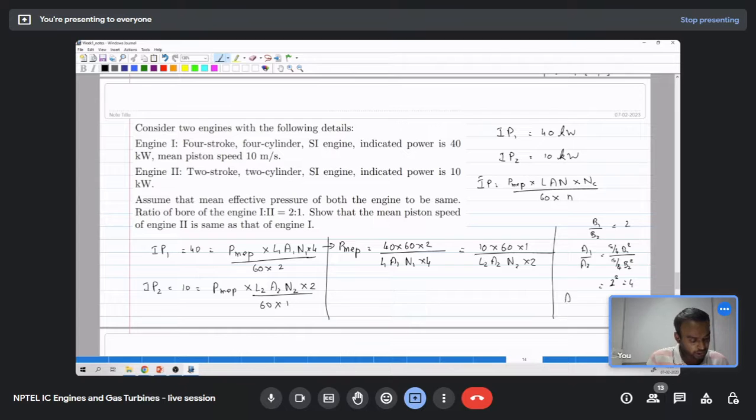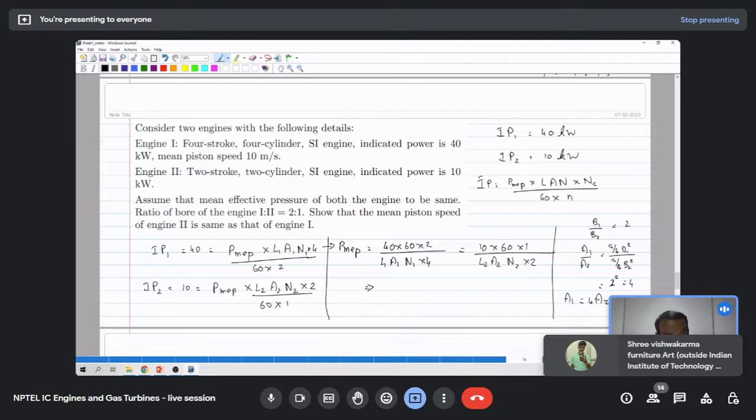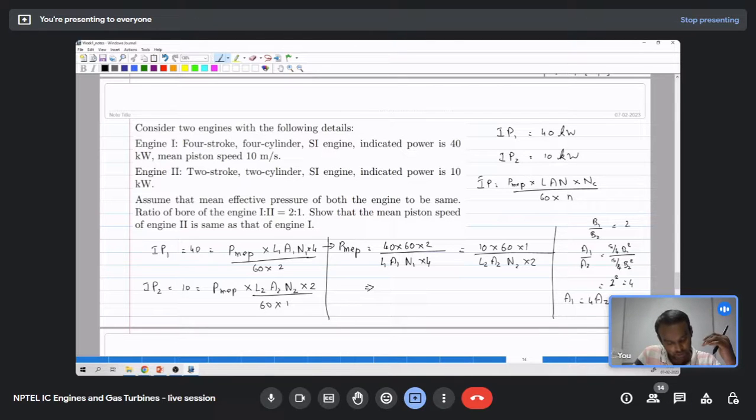So I can write A1 is 4 times A2. Now, we need to calculate the mean piston speed, which is proportional to L into N. So we should have LN together.